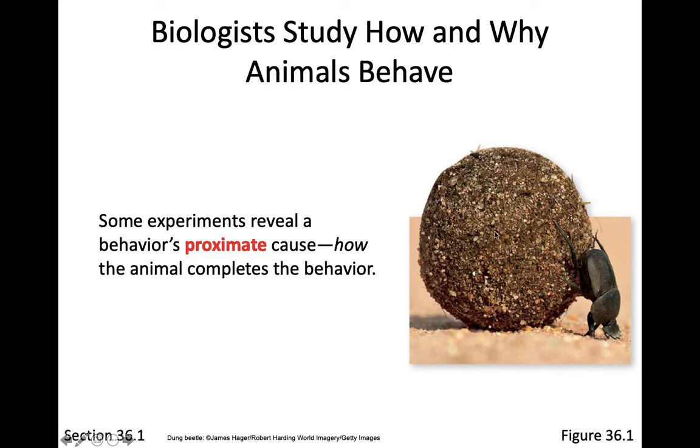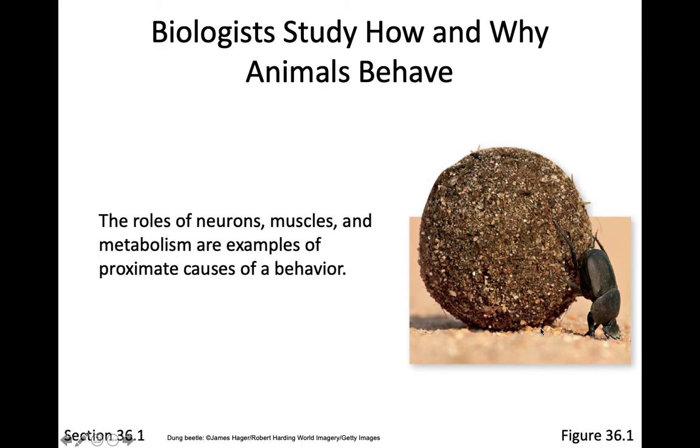The how is going to ultimately explain the why. How is he doing this? Well, he's using his muscles inside of his body, his exoskeleton shells, the neurons inside of his body to send nerve signals and things like that. Metabolism, the food that he's eaten, things like that to power his body. And those are all going to be proximate causes, the how an organism is doing something.